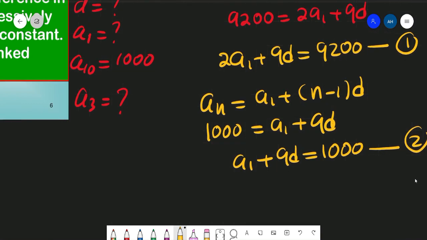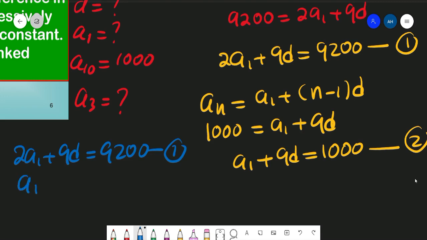Equation number 1, we have 2a1 plus 9d equal to 9,200. Equation number 2, we have a1 plus 9d equal to 1000.